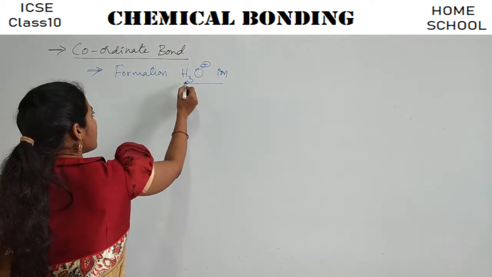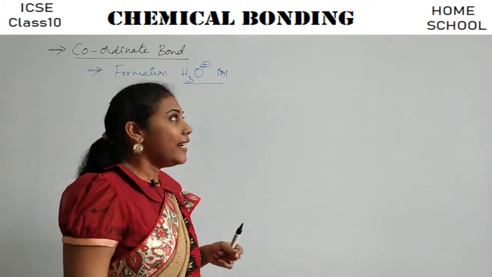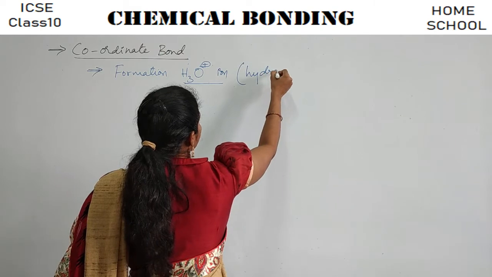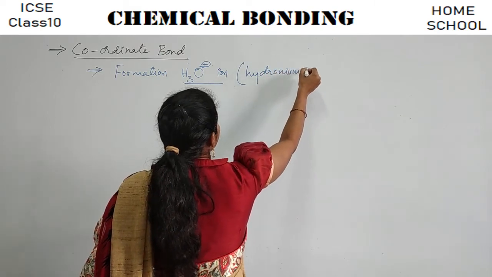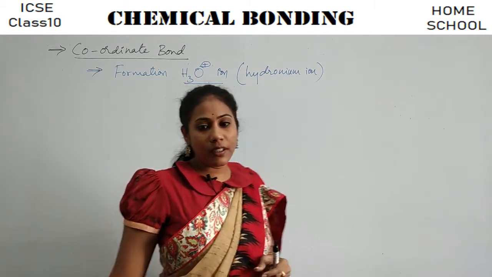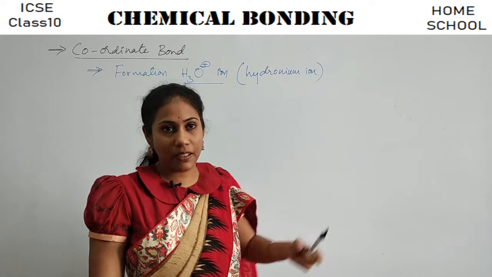So this is some sort of ion because it has a positive charge, right? And this is actually called hydronium ion. You will study more detailed things in the next chapter, that is the acids and bases chapter. Clear?